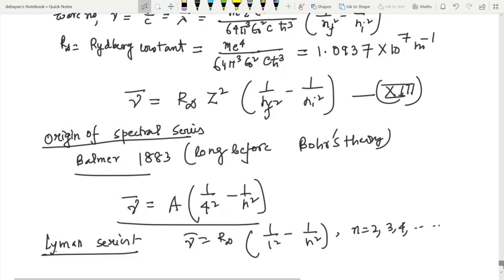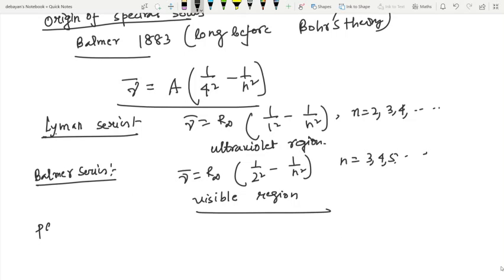Then there is the Paschen series. In the case of the Paschen series, it is 1 by 3 square minus 1 by n square, and n comes from higher orbits, and this series falls in the infrared region. There are also the Brackett series, Pfund series and others that we already know.